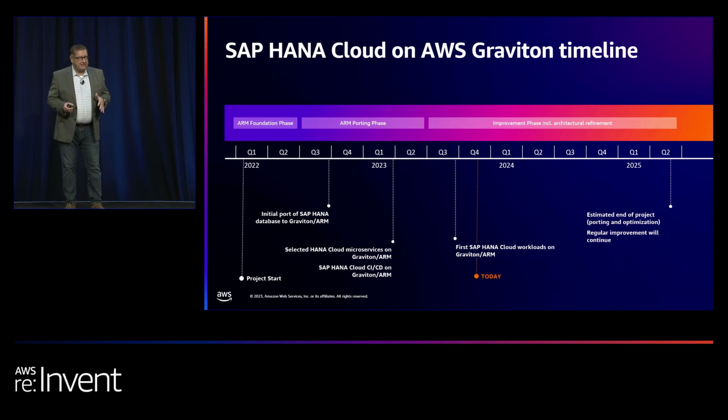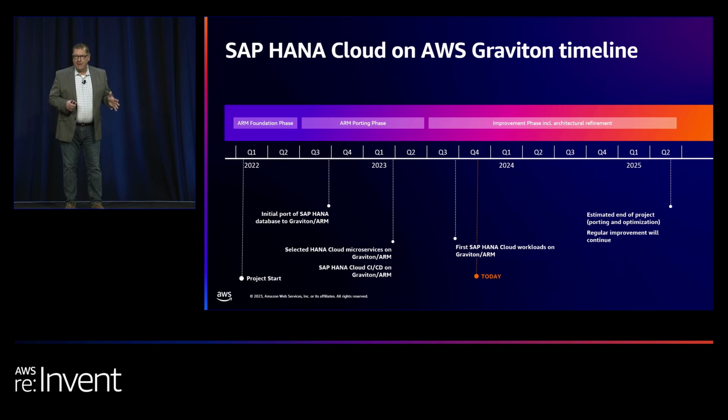Then about 6 months later, we had some selected HANA Cloud microservices moved over to the Graviton infrastructure, as well as those cloud CI/CD services. Then, in the last quarter of this year, we actually had our very first HANA Cloud workloads running in the AWS Graviton infrastructure, which was great.